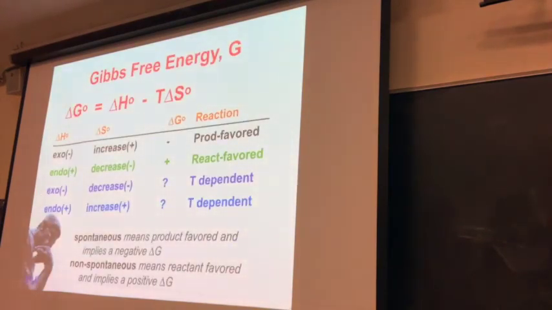Now, here's an overview of the 4 different possibilities you can run into using this equation. And you can see on the far right side here, there's 4 possibilities. Product favored means reaction's going to go, all right? So what if you have an exothermic delta H and your entropy is increasing in the system, your delta G, regardless of temperature, is always going to be negative.